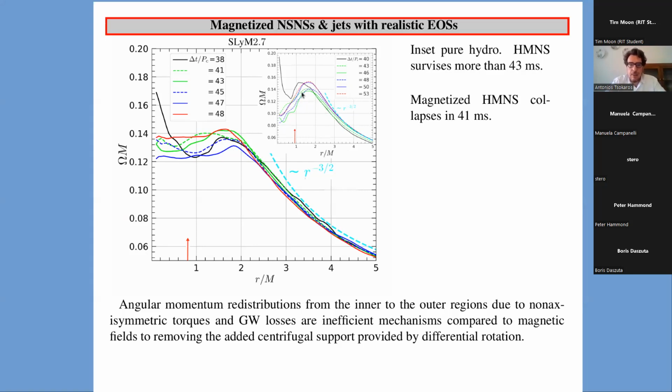As I'm writing down here, this shows that the angular momentum redistribution from the inner to the outer regions of the hypermassive neutron stars, because of non-axisymmetric torques and gravitational waves, are inefficient mechanisms compared to the magnetic fields to remove the centrifugal support and make the star collapse.